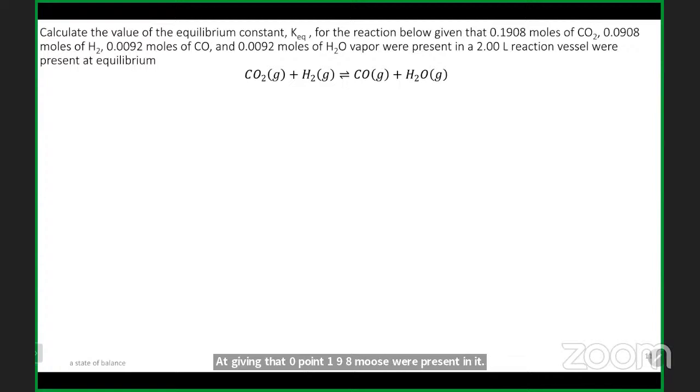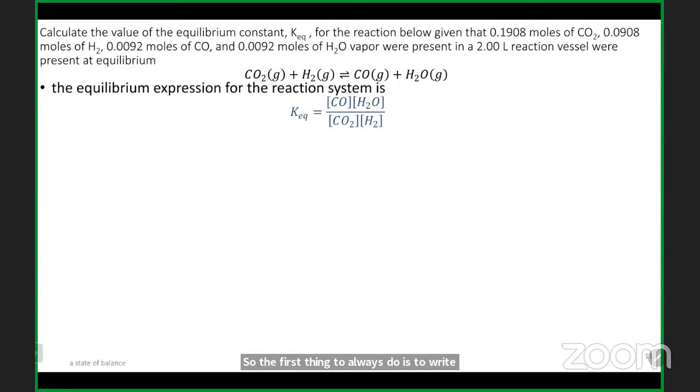The first thing to always do in such a situation is to write the equilibrium constant for the reaction. It's a balanced reaction: CO2, CO, O2, there's 2, 1, 2; H2, there's 2, 1, 2, carbon. So it's a balanced equation. That means our equilibrium constant expression is correct. The coefficient is 1 in all cases.